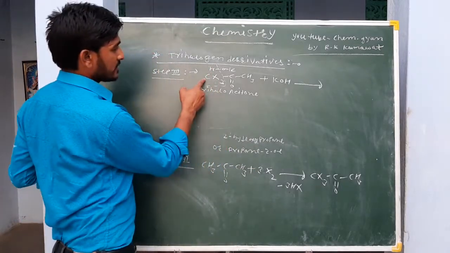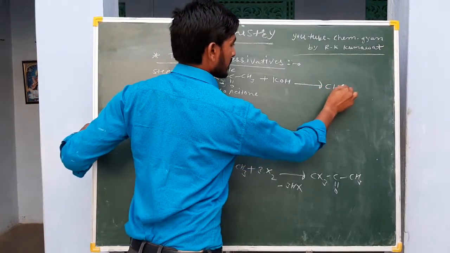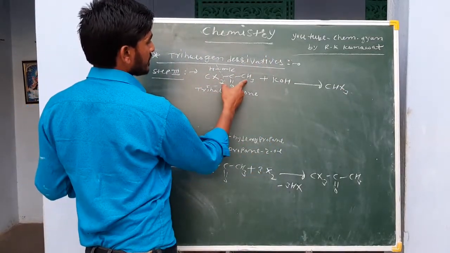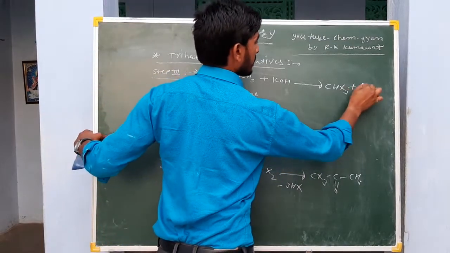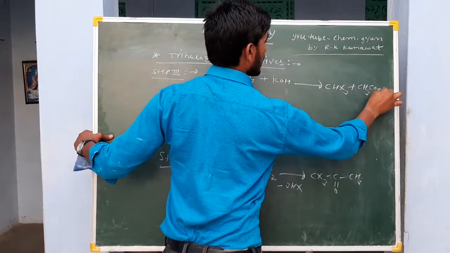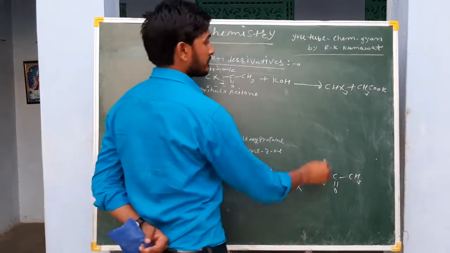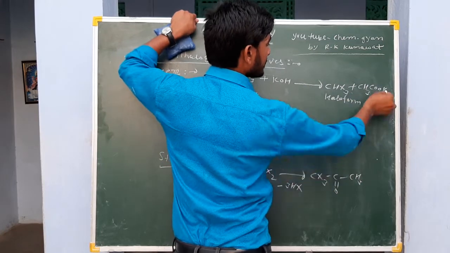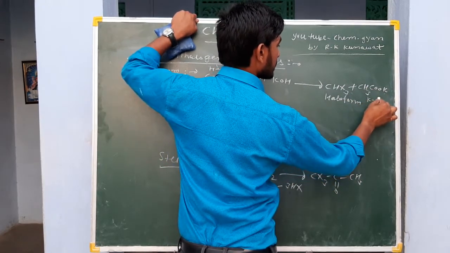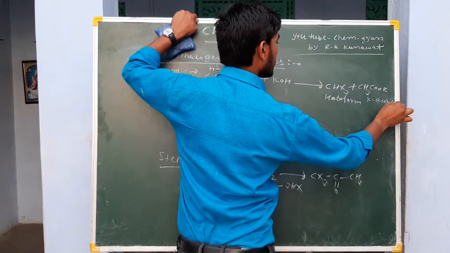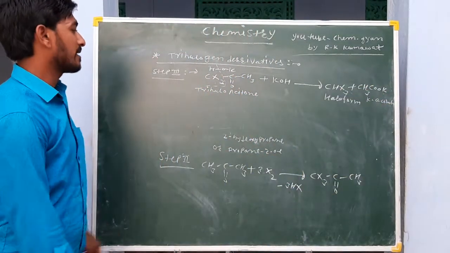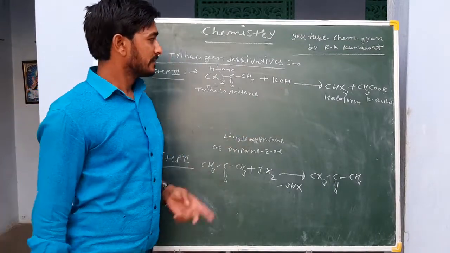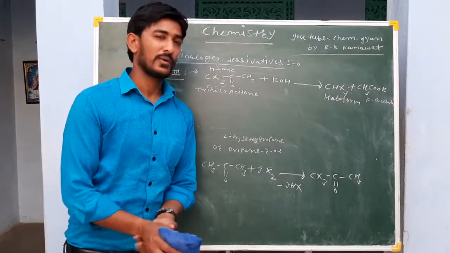The products formed are CHX3, which means haloform, and CH3COOK, potassium acetate. In this step, trihaloacetone reacts with potassium hydroxide and the products formed are haloform and potassium acetate.